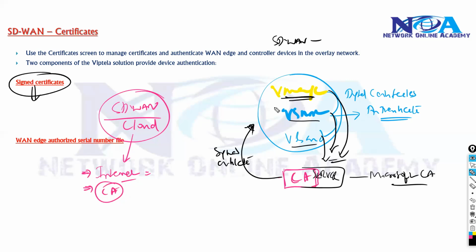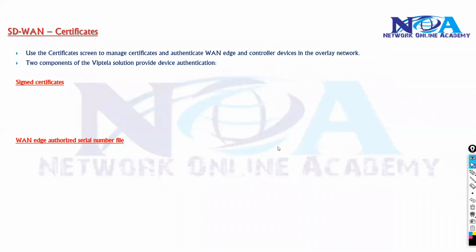And later on, when they talk to each other, they will be using these signed certificates for authenticating each other. This is mainly to prevent any unauthorized device or any attacker trying to add any device in the network and trying to spoof as if he's a vManage or vSmart. So we don't want any unknown device to be a part of the network. So at the back end, the nodes will be authenticating each other based on these certificates.